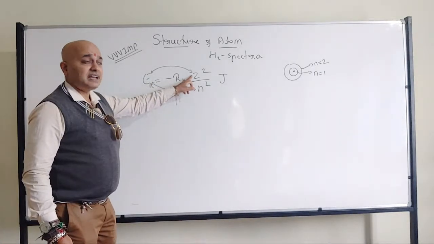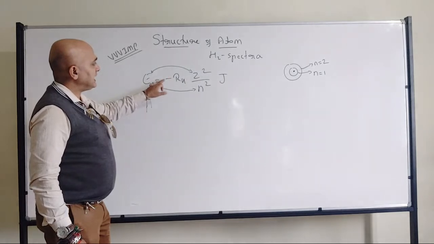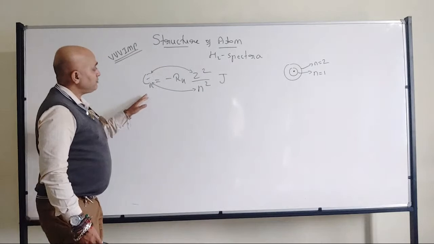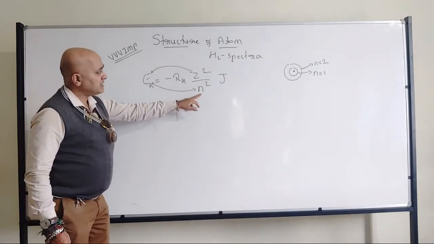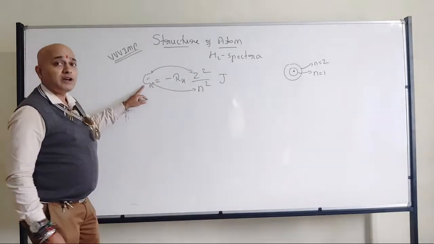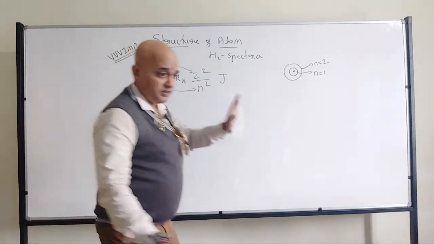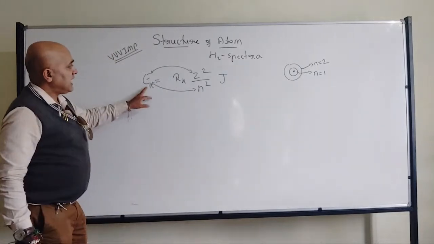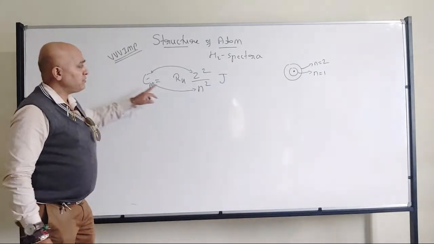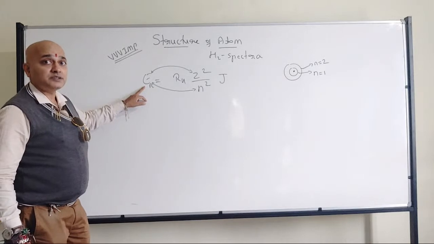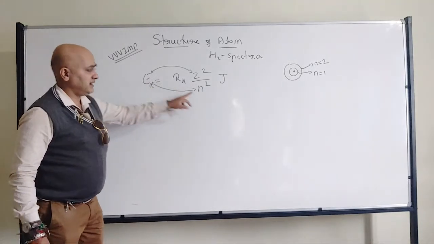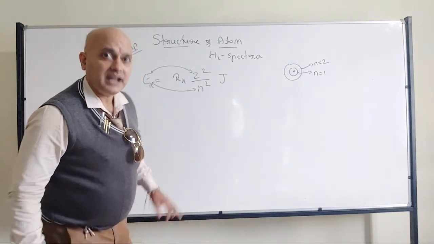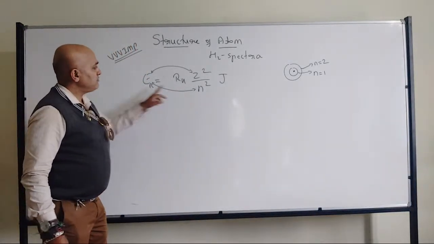Now I can tell that if there were no negative sign, then whenever there is an increase in the n value, the En value would decrease, because they are inversely related.